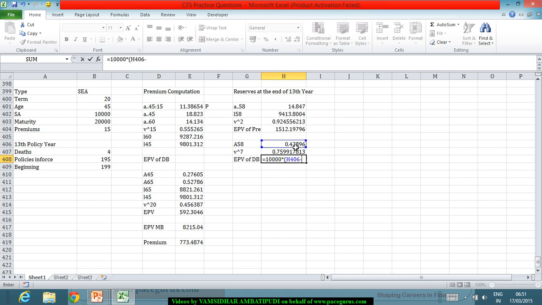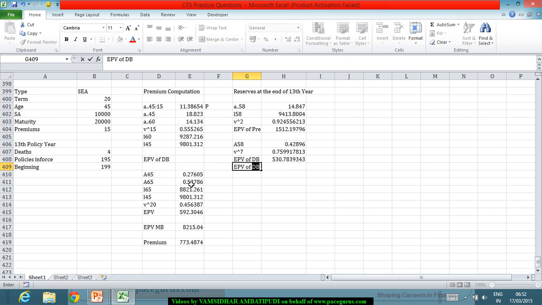Now I am computing the expected present value of the death benefit directly, which is 10,000 times A58 minus V^7 times 7p58, which is L65 divided by L58, times A65. A65 is here. So the expected present value of the death benefit is coming out to 530.